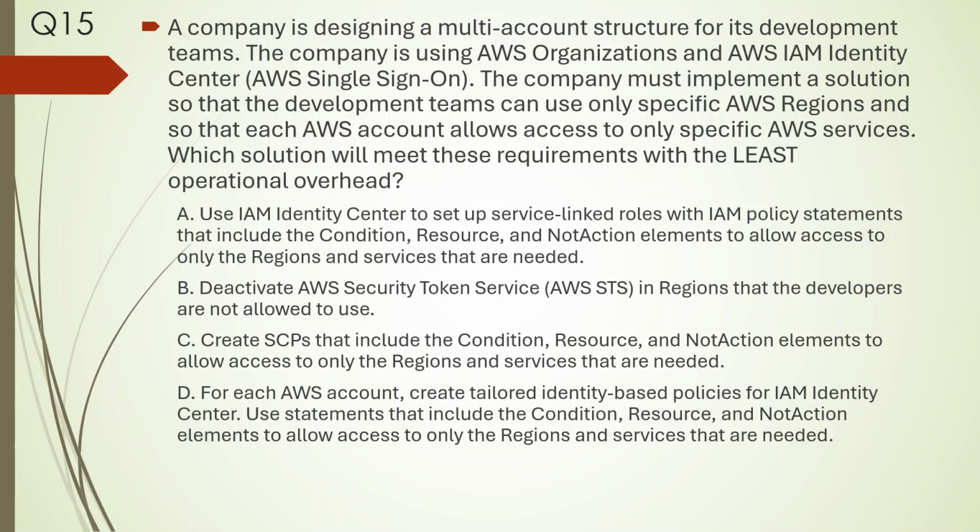Option D: For each AWS account, create a tailored identity-based policy for IAM Identity Center, using a statement that includes Condition, Resource, and NotAction elements to allow access to only regions and services that are needed. The correct answer is C, as we saw already.